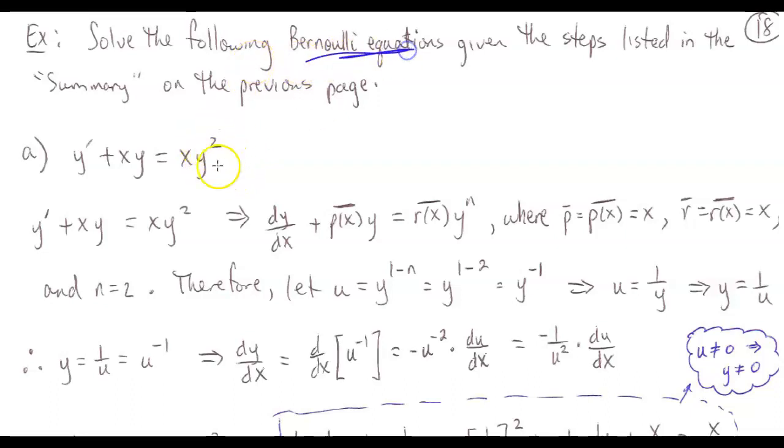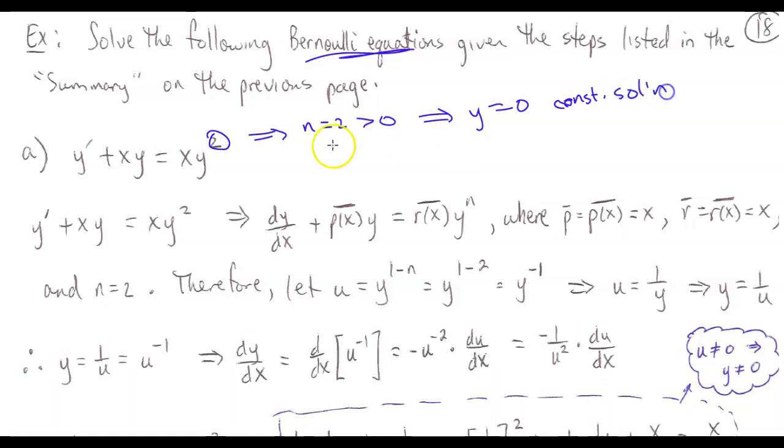Okay, so that's how we know. So looking at this, the first thing that we see is that this is a 2, so that means n is going to be equal to 2. Now, since n is equal to 2, which is greater than 0, that also tells me that y equals 0 is going to be a constant solution to this particular equation.